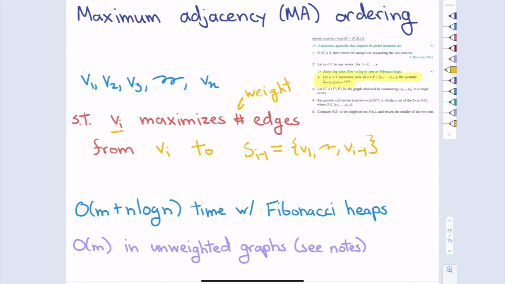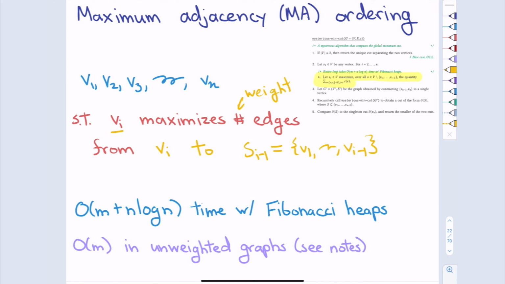And when I take that 11th vertex, I have to add the new edges to the remaining vertices. So for each edge of the 11th vertex, I update the value in the heap in constant time because of the Fibonacci heap. I pay log n whenever I remove the next vertex. So you can do this in n plus n log n time. So you can do this ordering very fast.